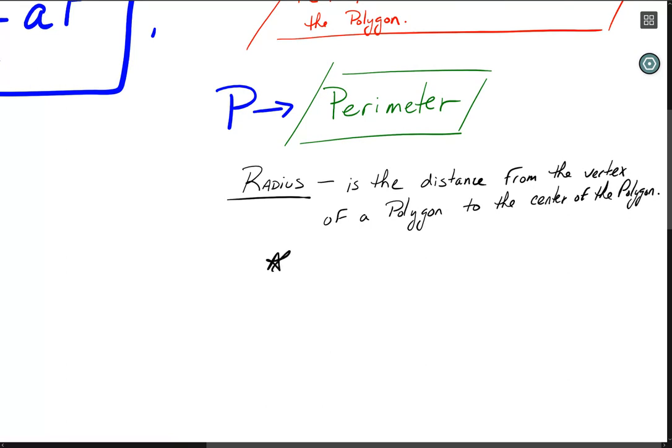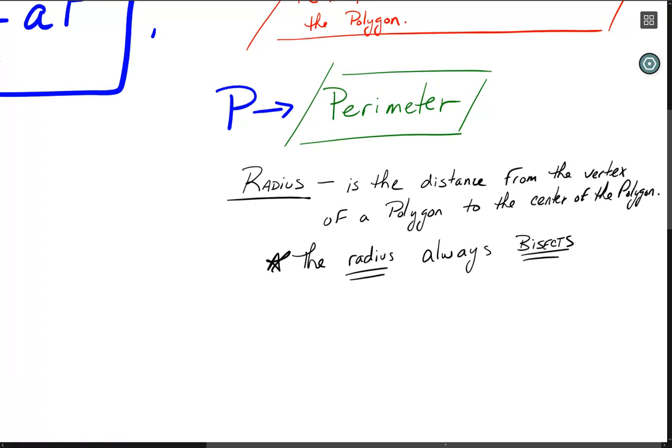On a special note, the radius always bisects that vertex angle.